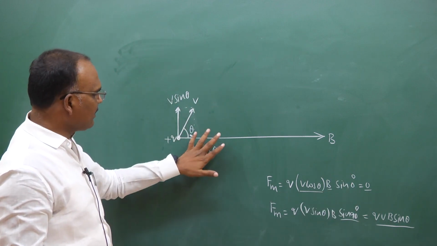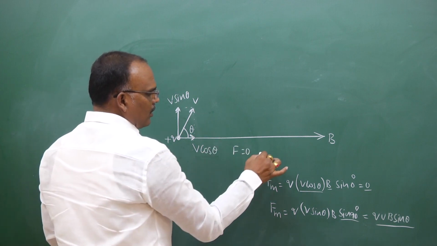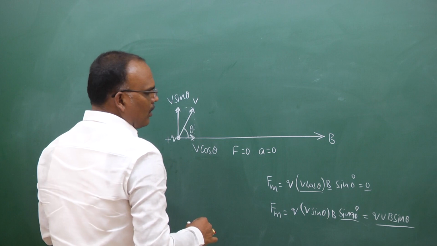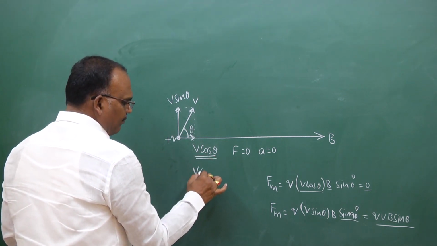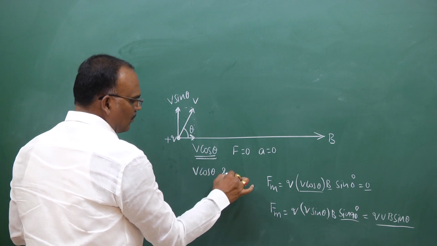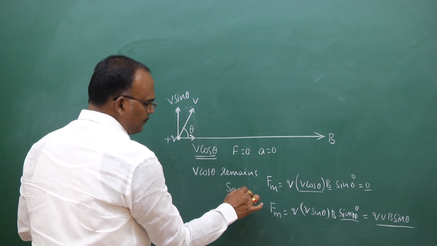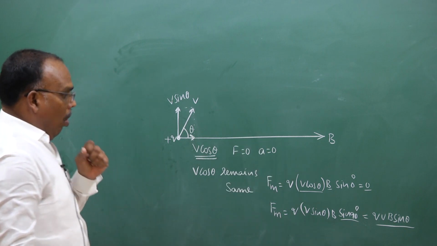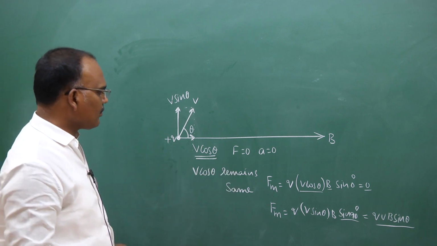For the other component there is no force; force is 0 along it. So acceleration is 0, and v cos theta remains the same.